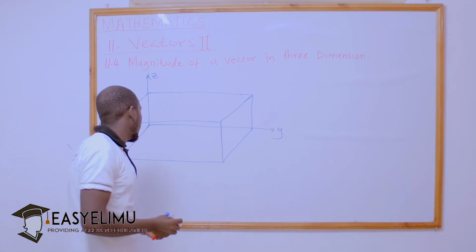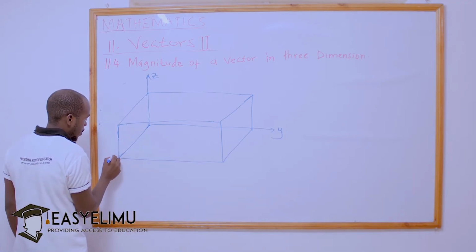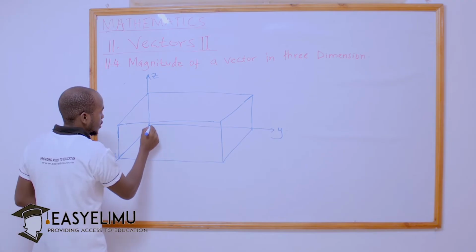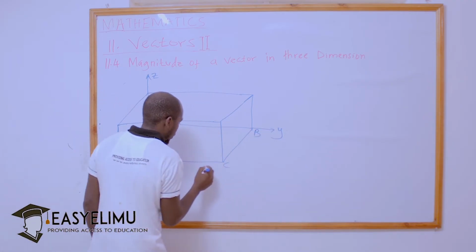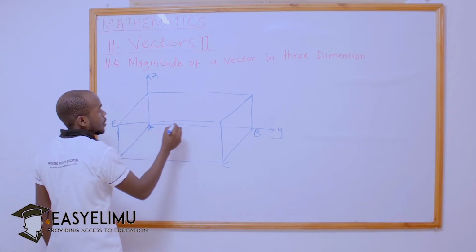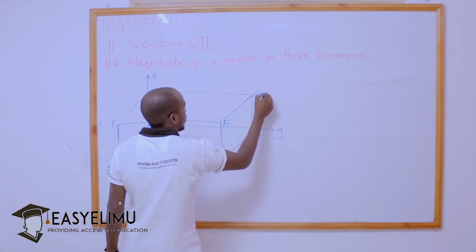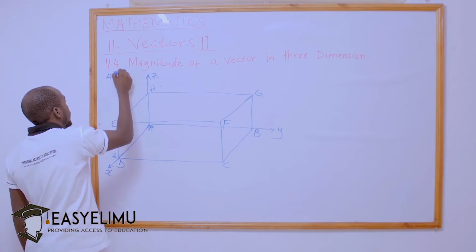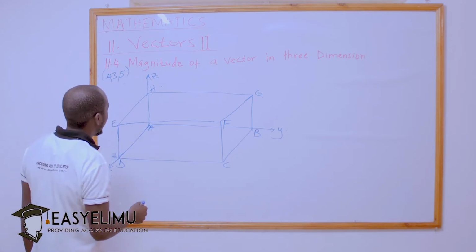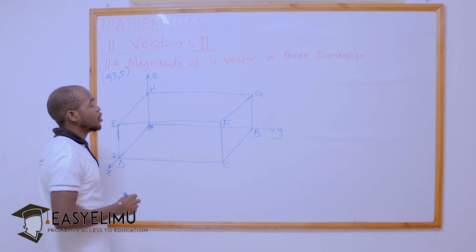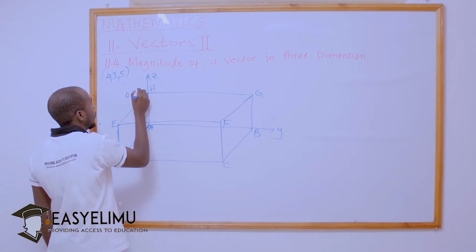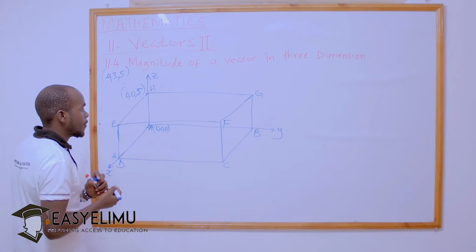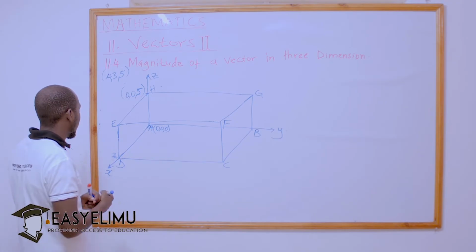We are going to consider the given cuboid, whereby, let's start with the inside, that is A, B, C, D, E, F, G, and H. Let's consider point A as the origin, 0, 0, 0, because it is the origin of the x-axis, y-axis and z-axis.